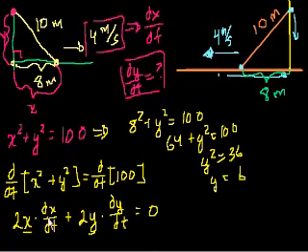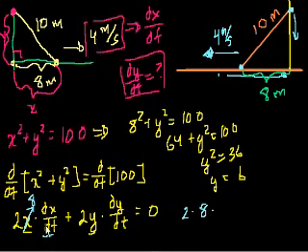So we know x, we know the rate of change of x versus time. That was given in the problem, 4 meters per second. We know y, so then we can solve for the rate of change of y with respect to time. So let's just substitute the values. What is the rate of change of y with respect to time when x is 8? So we get 2 times 8, that's x, times the change in x with respect to time at this moment.